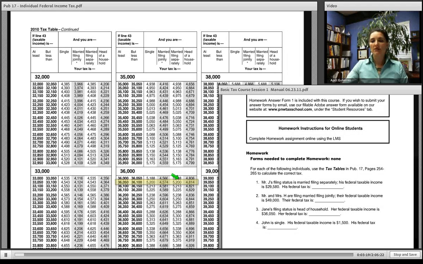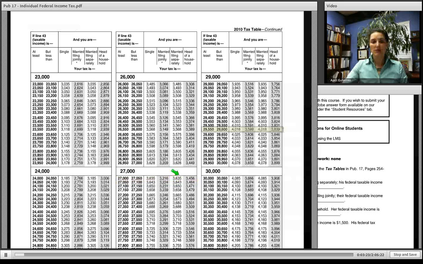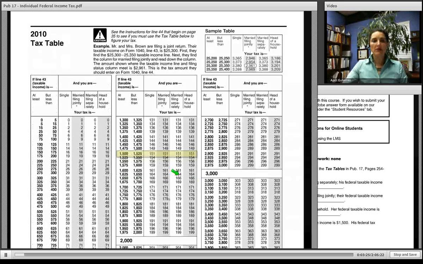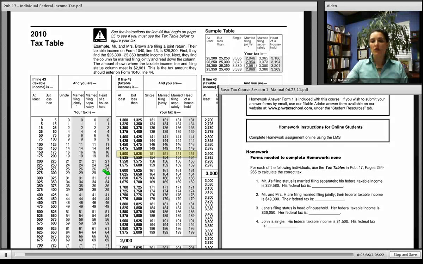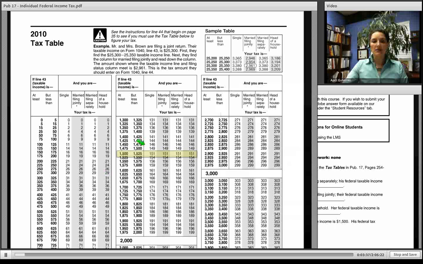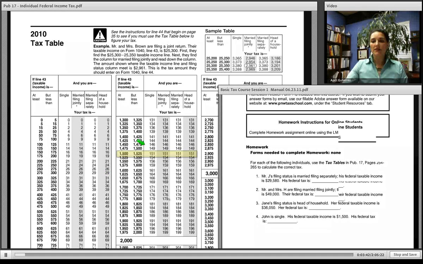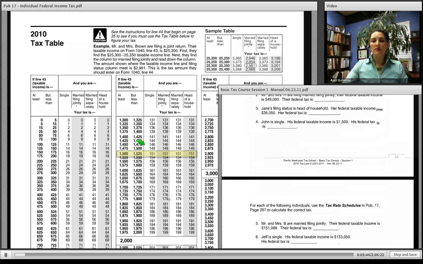His federal taxable income is $1,500, and his federal tax is blank. So we're going to scroll back in Pub 17 until we get to $1,500, and there we have it. Remember again that his income is not less than $1,500. It is $1,500, and this time we're going to go over to single, which is the very first column, and his tax is $151. So that is problems 1 through 4.